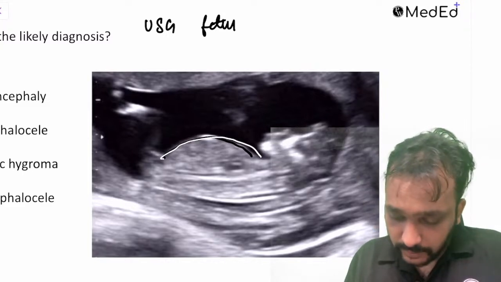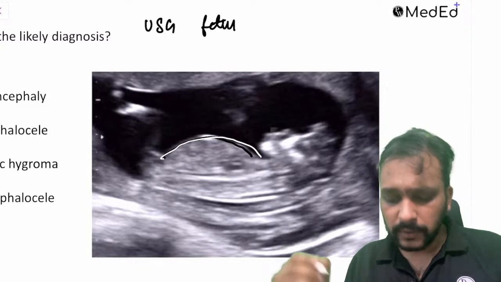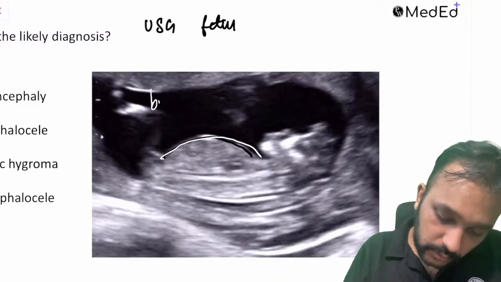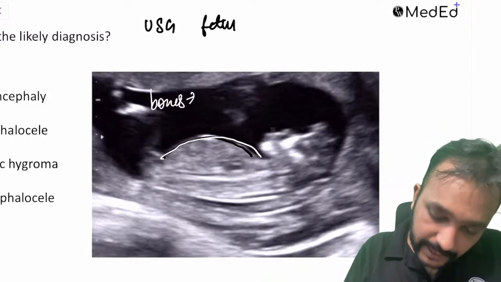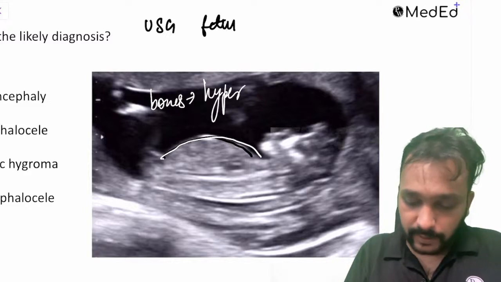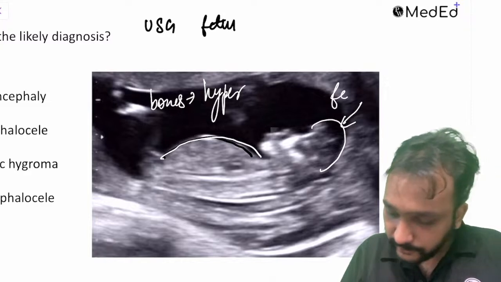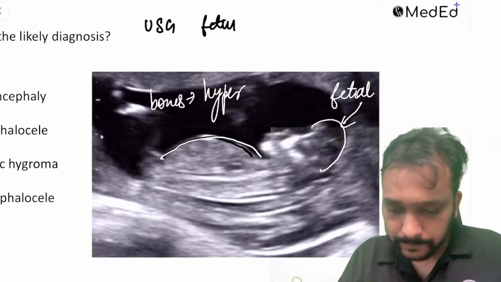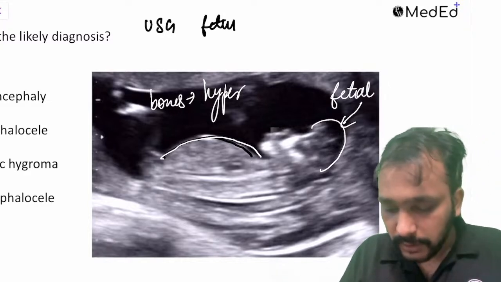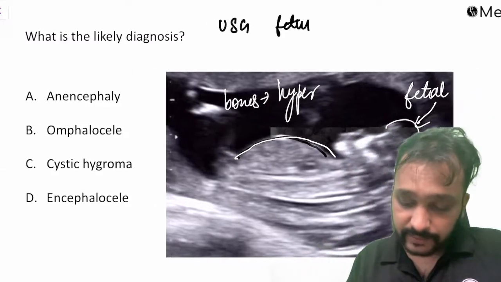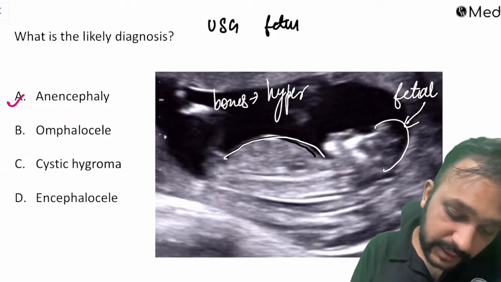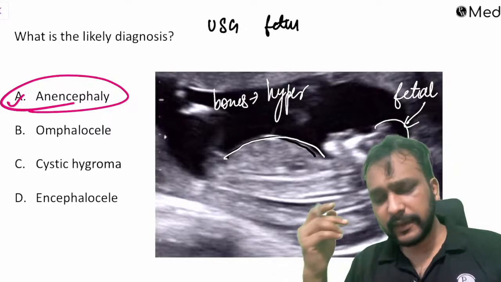In a normal fetus, you will see that bones appear hyperechoic. And if you look at the fetal skull, you will see that the fetal skull is absent, and this absent fetal skull will be seen in a patient with anencephaly.